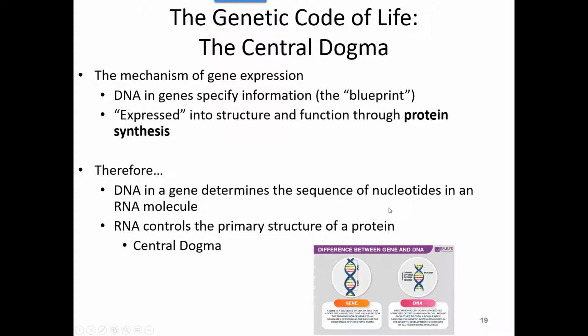And those nucleotides in that one little 1,000 base pair segment control the nucleotides that would be in RNA. And we're going to talk a little bit about RNA coming up. And RNA is what can be used to then give us the protein that's needed. So we're going to go from the information that's in DNA and translate it out into RNA, and then we're going to translate it further into the correct protein that our bodies need.